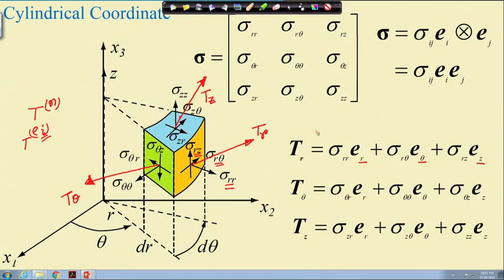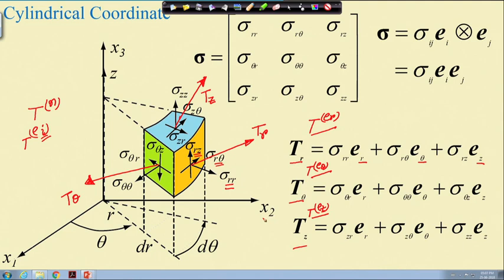So T r is essentially T e r, this is T e theta, and this is T e z. To avoid repeating this, it is written as T r, T theta, T z. Do not get confused with the notations.